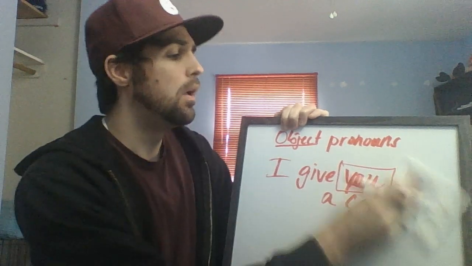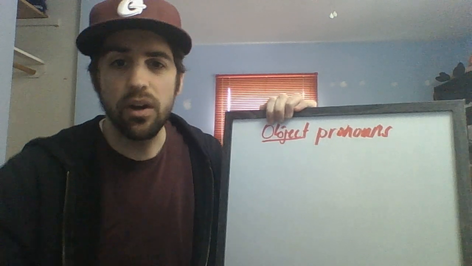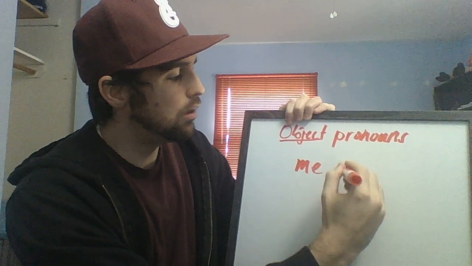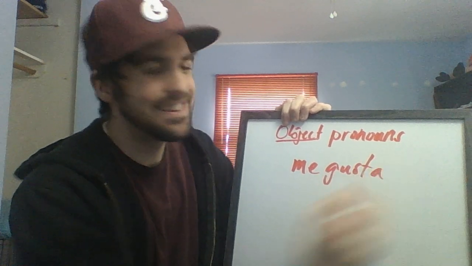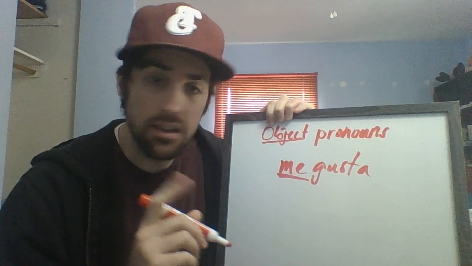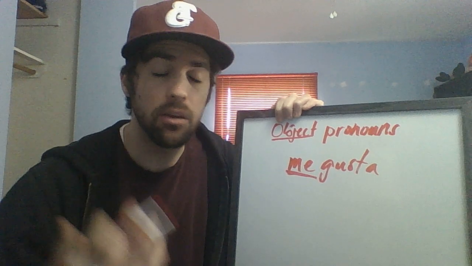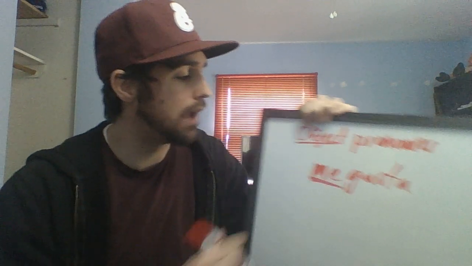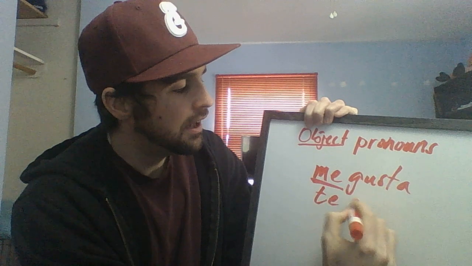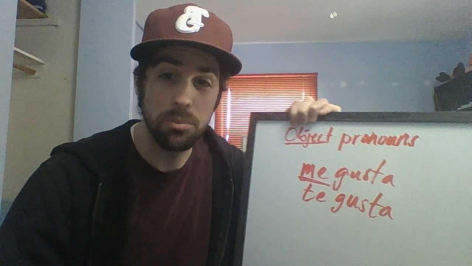Okay, so we talked last week about these phrases: me gusta, me interesa, me aburre. Me is the object pronoun for me or to me, when I am receiving some type of action. We also saw the example, mostly in sentences that are questions being asked.